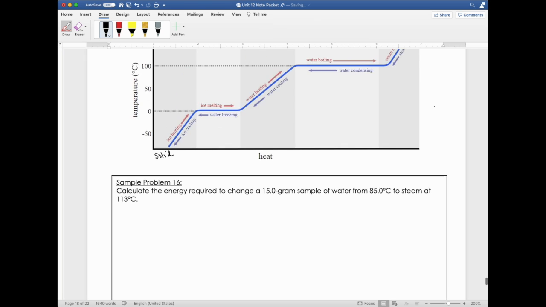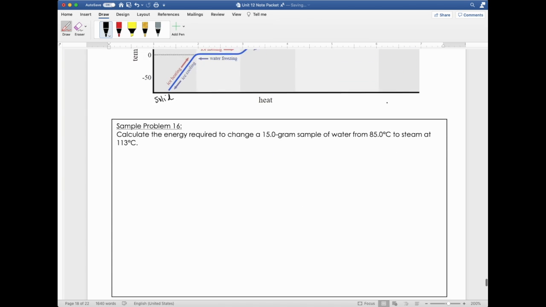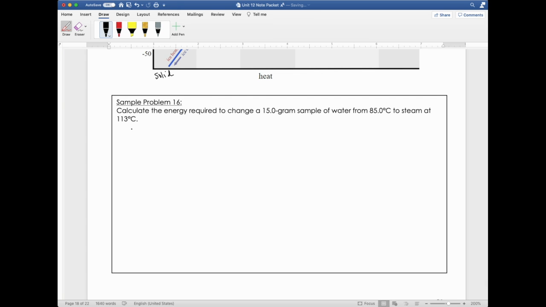Since we're at 85 degrees, I'm somewhere right about around here. We first have to raise the temperature of that liquid to its boiling point, then we have to boil it, and then we have to raise the temperature of the vapor. So this is a 3-step problem.